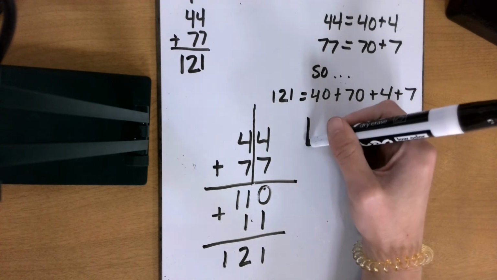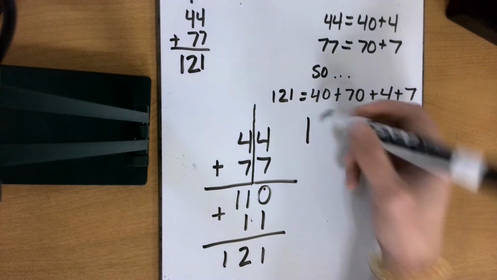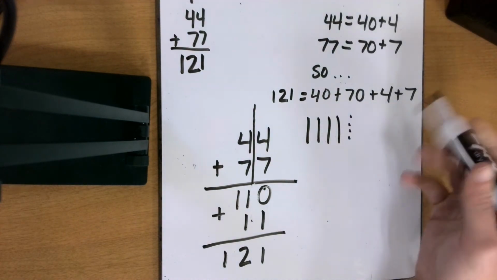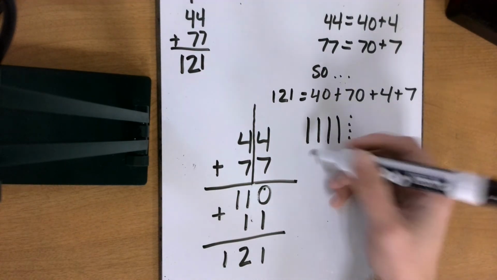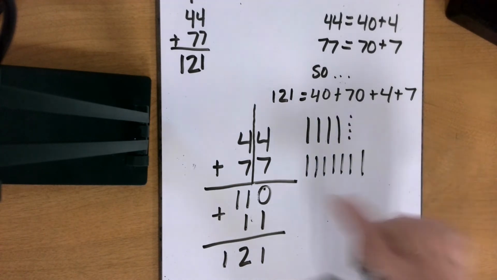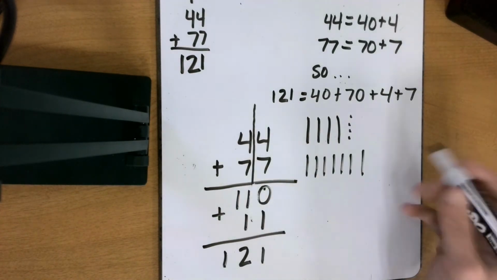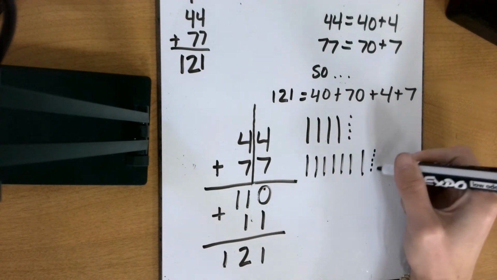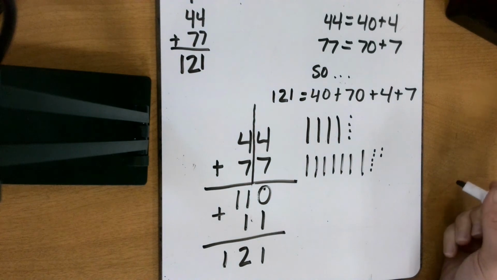Okay, we can even show this with place value blocks. Thinking about a long is worth 10, right? So I have 4 longs and 4 ones, 7 longs, 7 tens, and 7 ones. Right? So same thing.